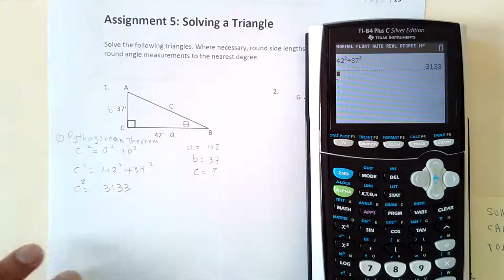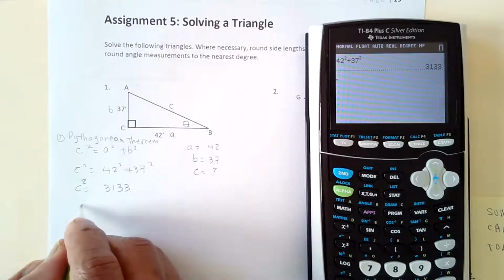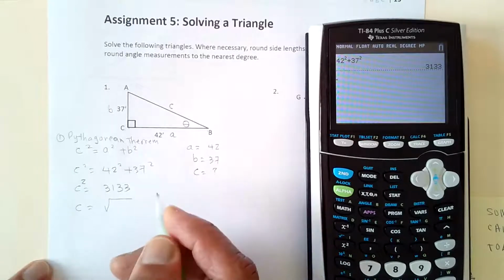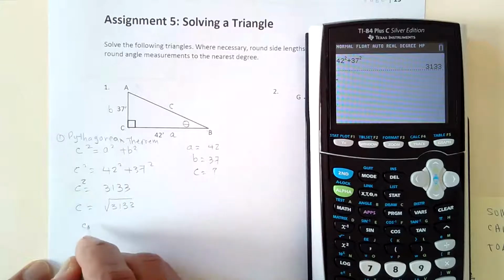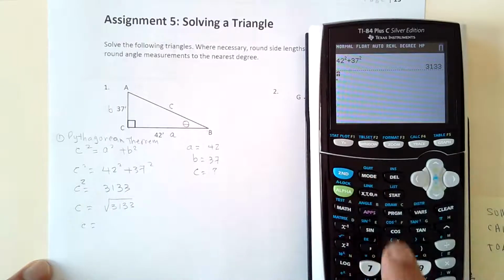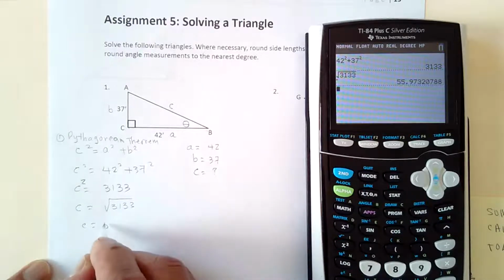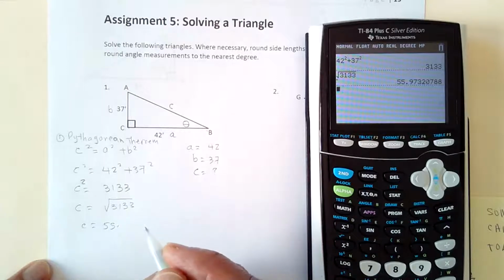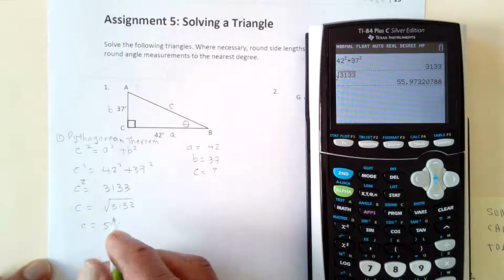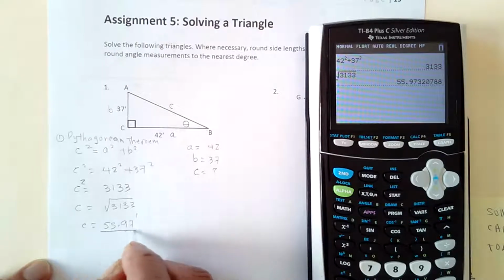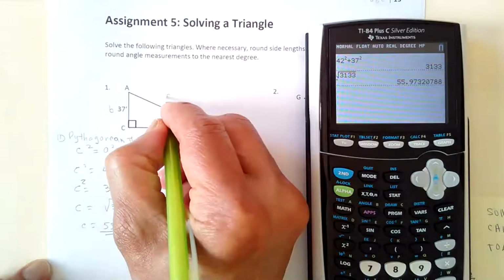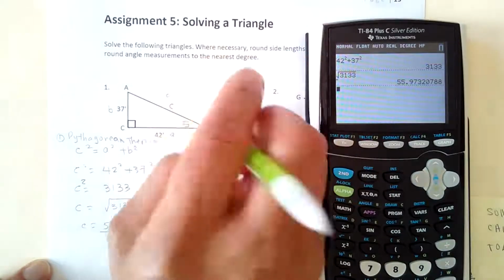So c squared is 3133. Now solve for c: c is equal to the square root of 3133, which gives me 55.97. That's feet. So c is 55.97 feet.